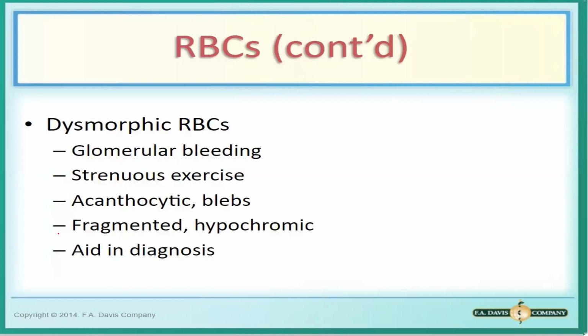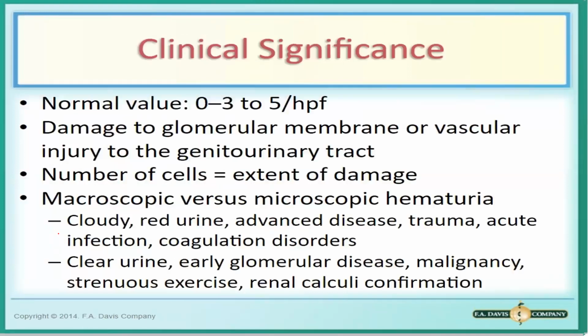Dysmorphic RBC, you can see in glomerular bleeding or during strenuous exercise. The normal value natin again is 3 to 5 per high power field or up to 5 per microliter.